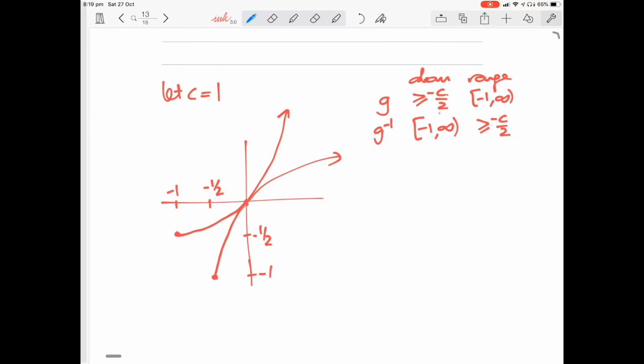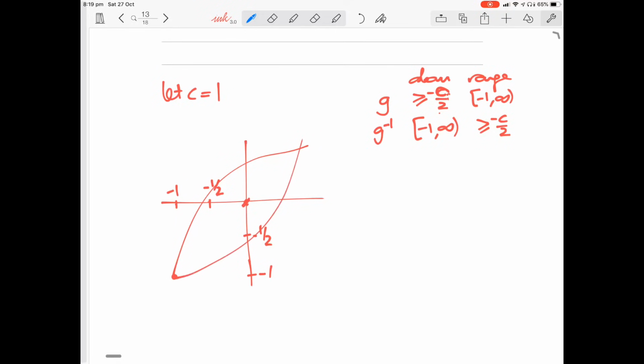Okay, as I increase c, if I let c equal 2, I would get negative 1, negative 1, and I would get negative 1, negative 1. So they're going to look like that and like that.